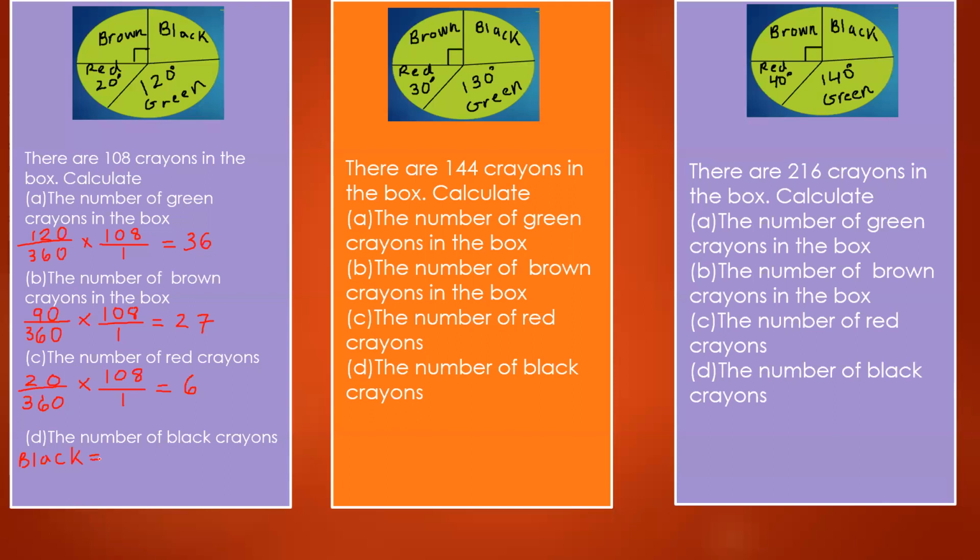Alejandra, what did you get for the number of black crayons? I got 39. Explain the process of getting that. So 108 minus 37 plus 6 plus 36, so it would be 69.